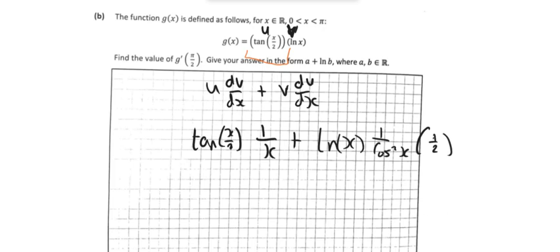Okay, can we simplify this a little bit? Not really. We just have to put in pi over 2 everywhere there's an x.